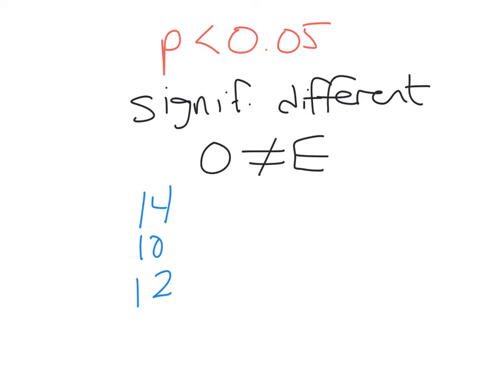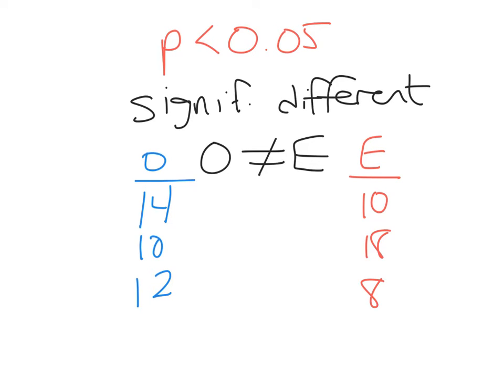So we had genotypes that were observed of 14, 10, and 12, and we had expected values that were 10, 18, and 8. We expected 10, 18, and 8. We saw 14, 10, and 12. Pretend like you're staring at one of those maps with all the dots on it. You cross your eyes a little bit and you see the 3D image emerge.